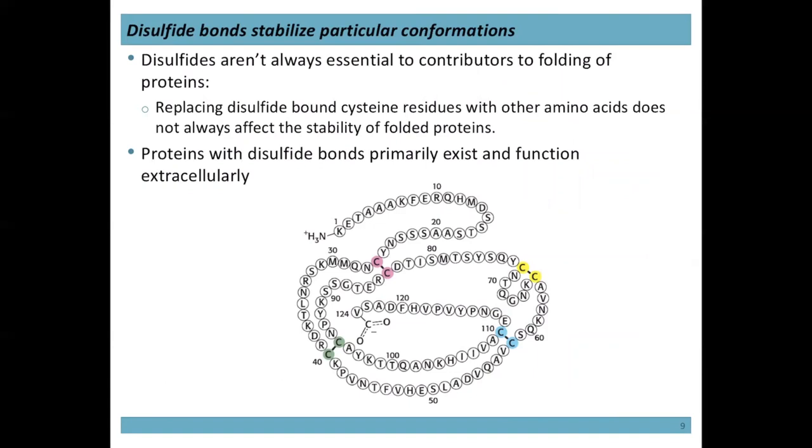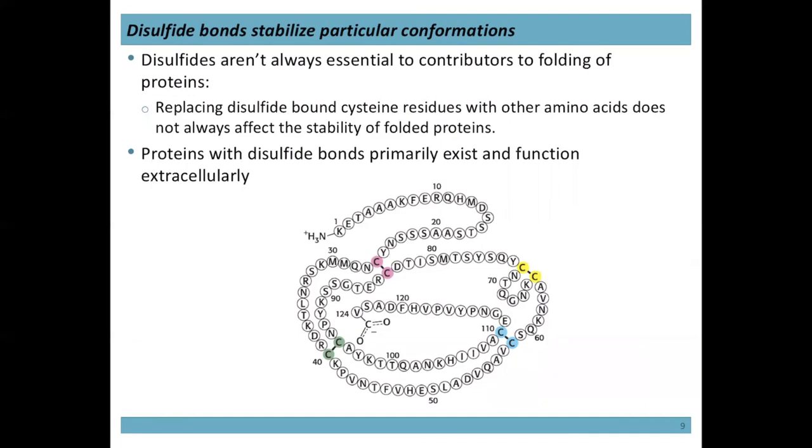Now, disulfides you would think would be really good at stabilizing proteins because it's a covalent interaction. But disulfides aren't always important for the folding of proteins. In fact, you can do site-directed mutagenesis and swap out those cysteines for a different residue, and you find out that the protein still folds up and is functional.